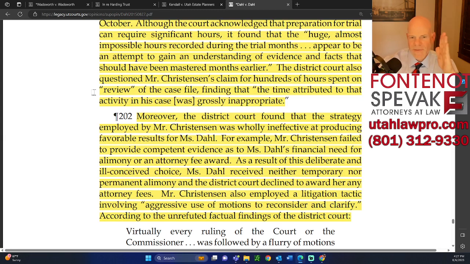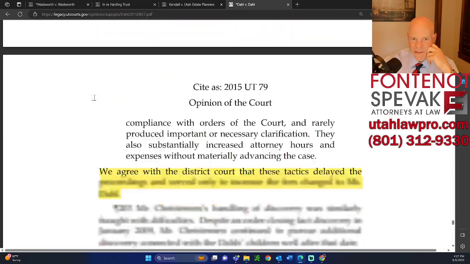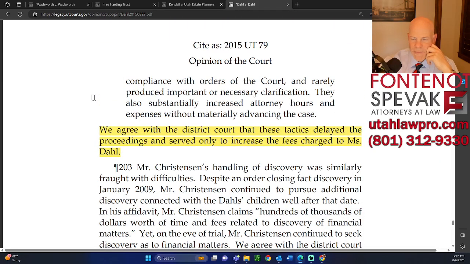So be careful with the attorney that you choose. He or she could be leading you down a bad path. It can backfire to be too aggressive when you're using motions to reconsider and motions to clarify or any other type of motions that really are not warranted and would be considered unreasonable if you're making a claim for attorney fees.